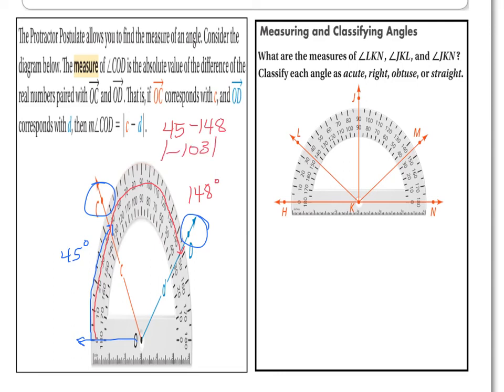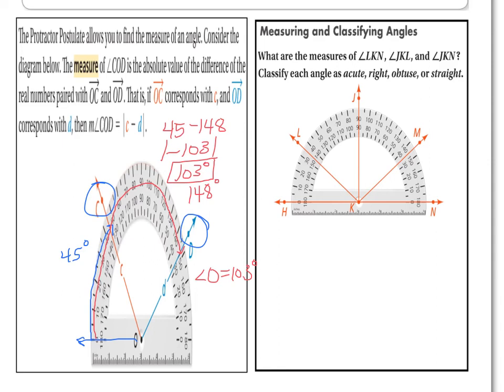In this case, absolute value would mean there are 103 degrees between C and D, or angle O is 103 degrees. You essentially could take 148 minus 45 as well and get the exact same answer.